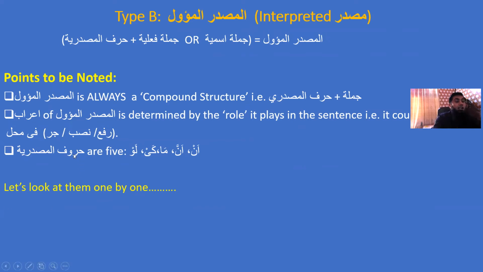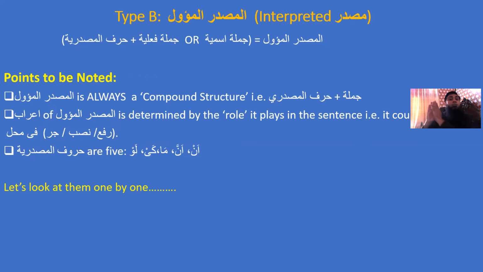And then, as I said, al-masdar al-muawwal has 2 parts. Part 1 is a harf and part 2 is a complete jumla. On the harf side, these are those 5 huruf: an, anna, ma, kai, law. Now, first of all, with regard to an, we have already discussed this an, but now we are giving it a proper name. You know what this an is?